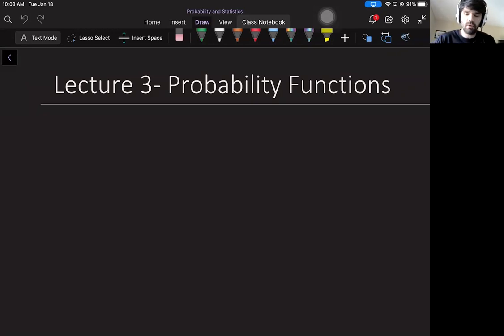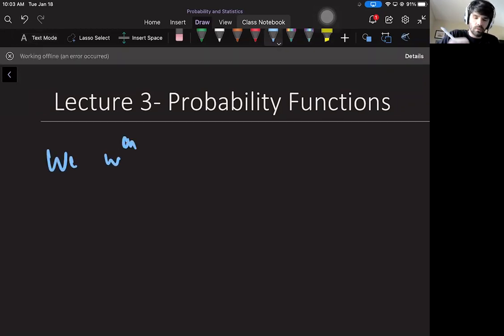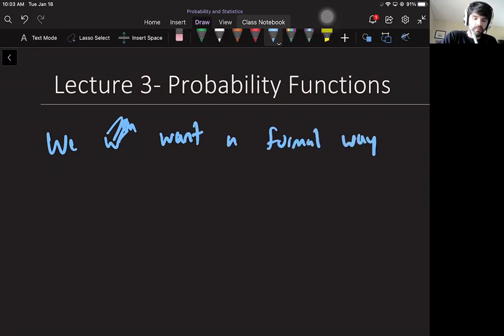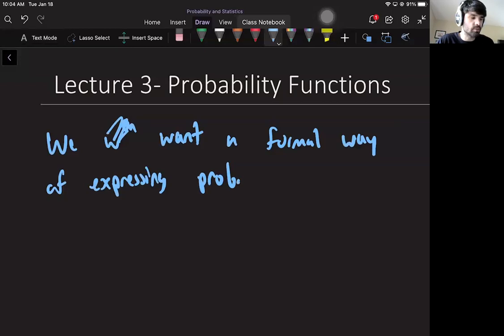So we finally get to do probability, and the first thing is that we want a formal way of expressing probability, which I'm going to abbreviate a lot as prob, of events.